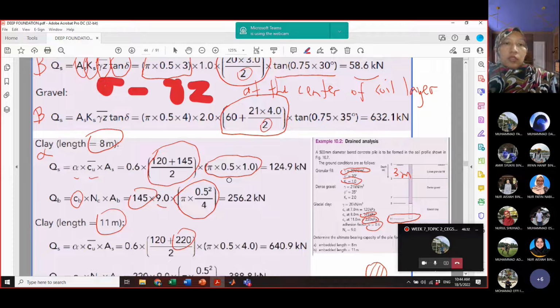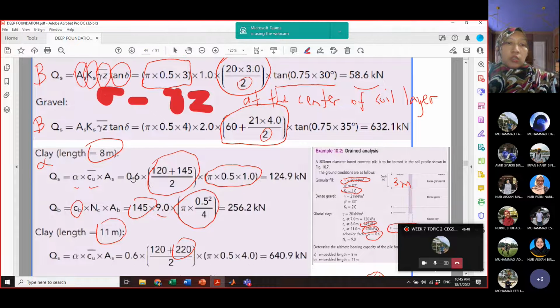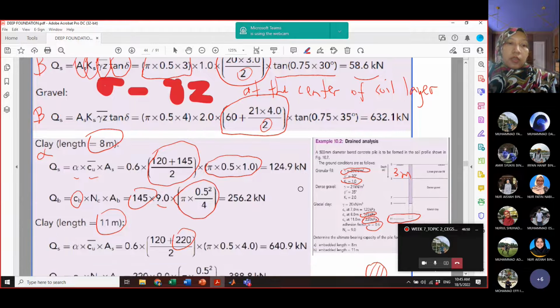AS is still the same, pi DL, and in this case L is 1, that is 8 minus 7. The diameter is still the same, 0.5. So you will get the answer here.